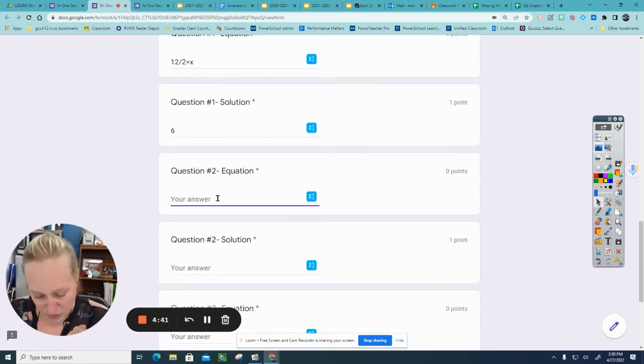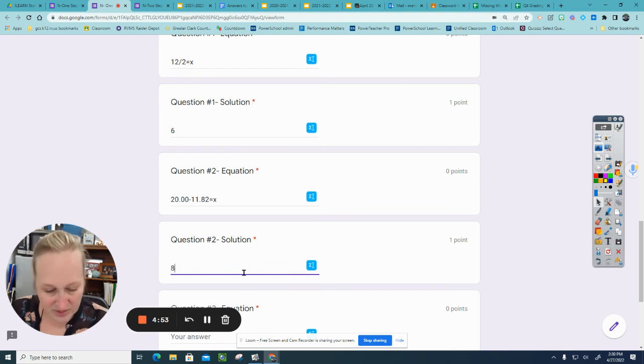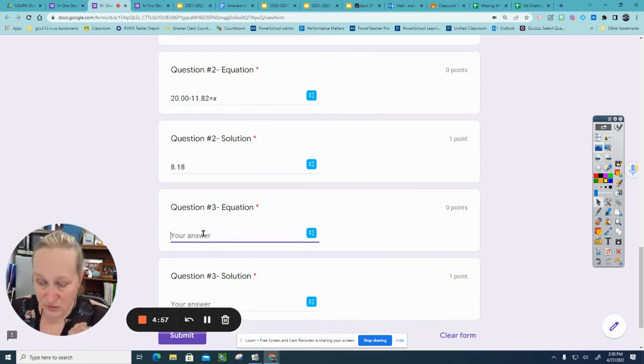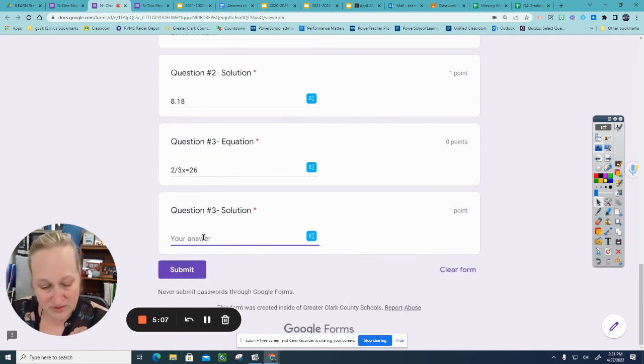My equation for number 2 was $20 minus $11.82 equals x. Notice there's no spaces. The solution for that one was $8.18. The equation for the third one, this was the one that was tricky. You needed a 2/3 x equals 26. And then our solution was 39.